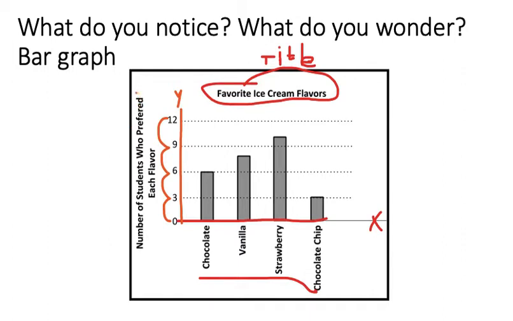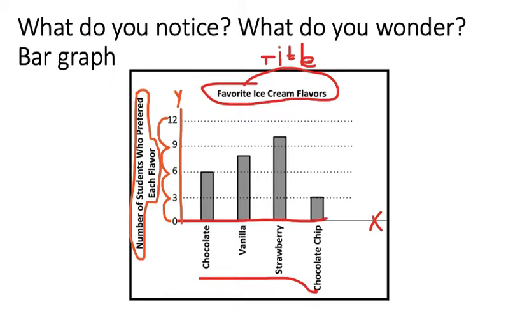So I'm guessing these numbers are the number of students who preferred or who had a preference. Preferred means preference, or liked or chose, or that's just their choice of each flavor. So whichever, the number of students who preferred each flavor that is mentioned on the bottom of the graph.